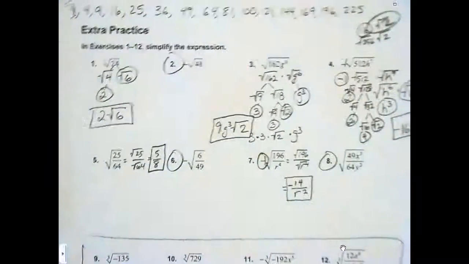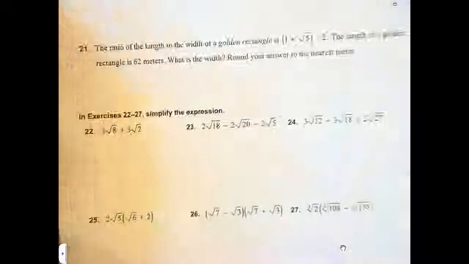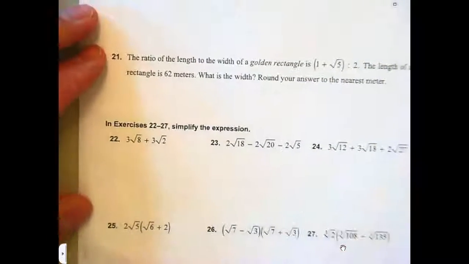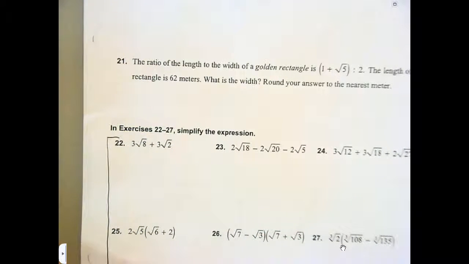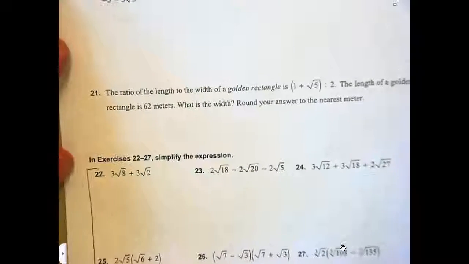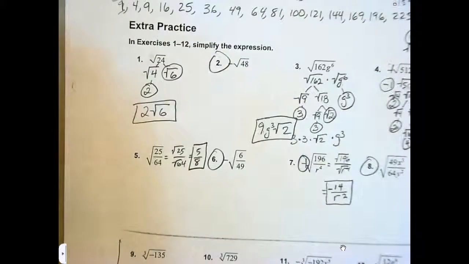The bottom we'll do tomorrow. So 14, 15, then we'll do the other ones tomorrow, and then you need to do 22 through 27. Do what you think you should do on those problems. No, you don't do that whole page. You do 2, 6, 8, 14, 15, 22 through 27. Okay?